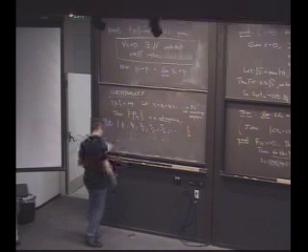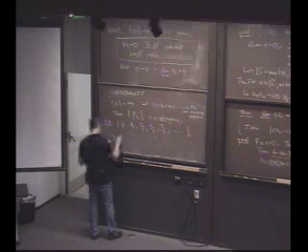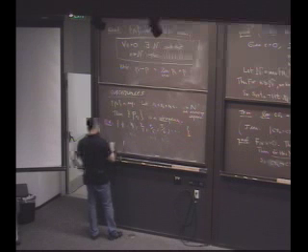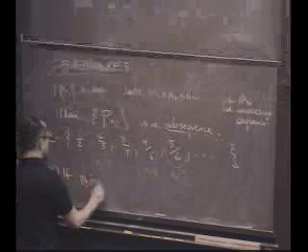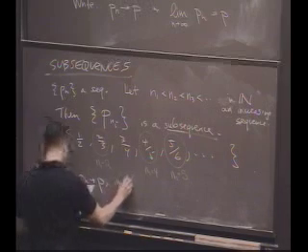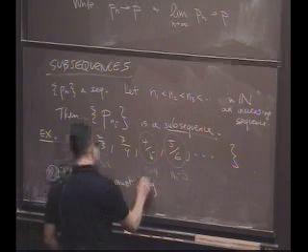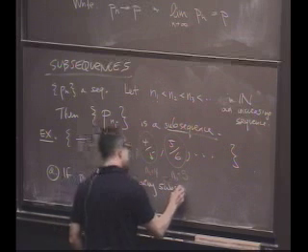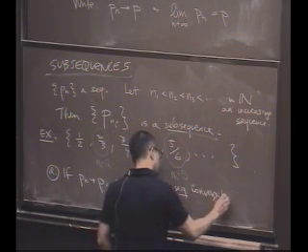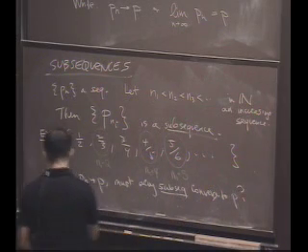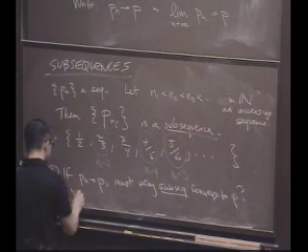Yes, in fact, that's true. So here's a question. If Pn converges to P, must every subsequence, which is just a sequence, isn't it, converge to P? And the answer is yes.